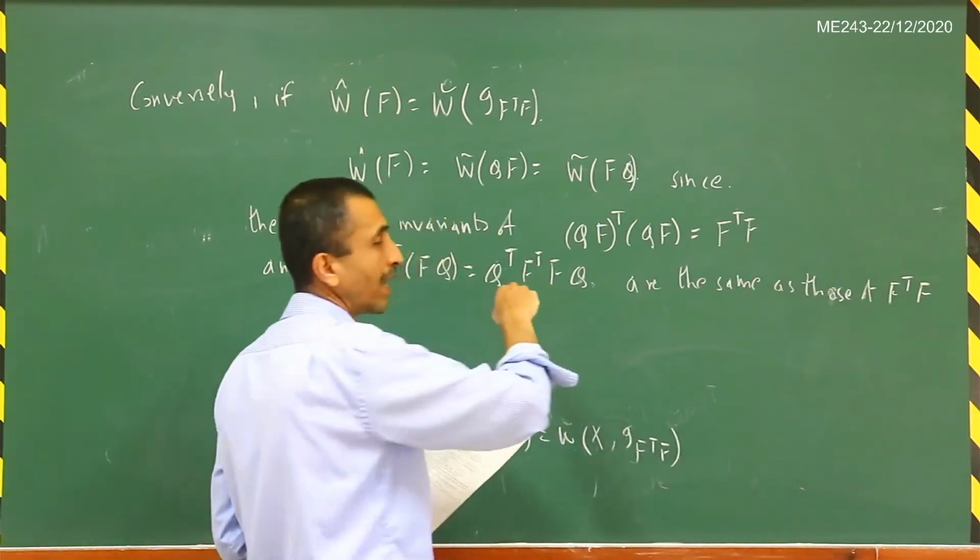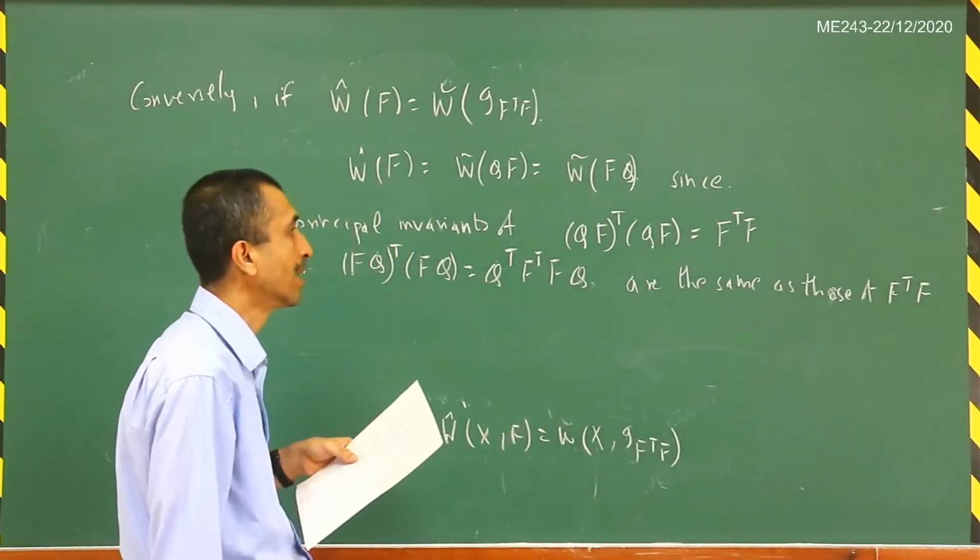So the eigenvalues, principal invariants, and everything will be the same as F transpose F.